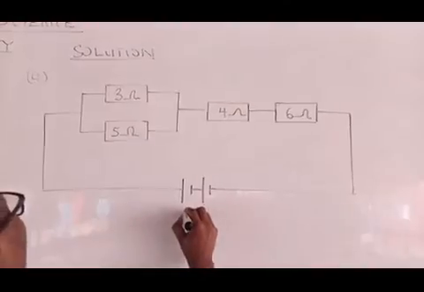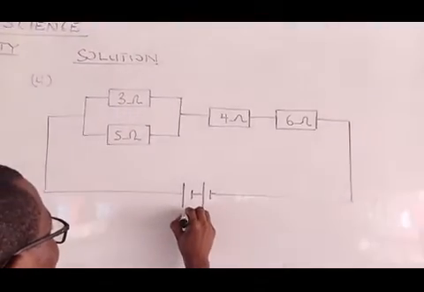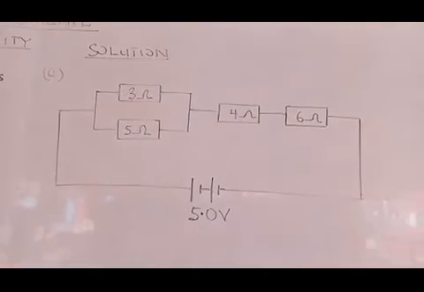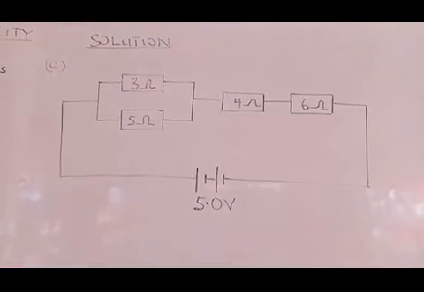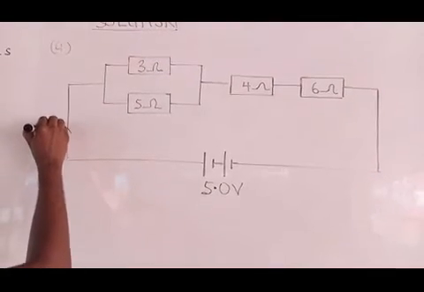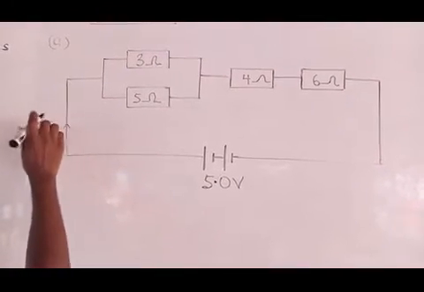And the battery was of 5.0 volts. Okay, so this is your diagram. As you have your current flowing in this direction.